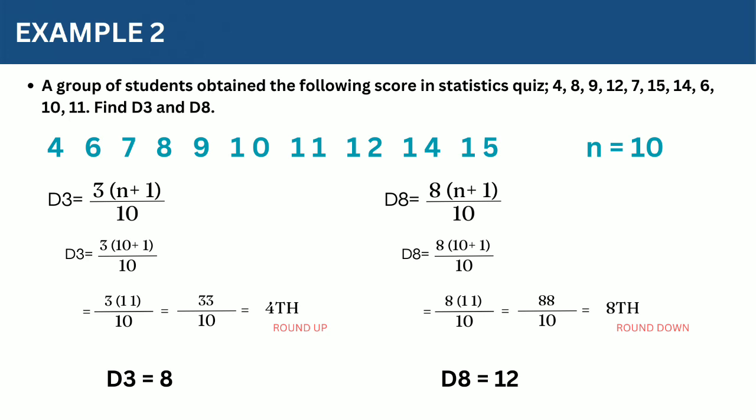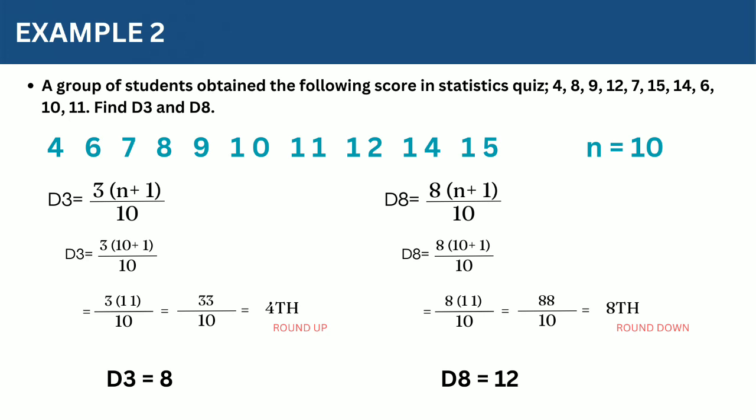So 3 times 11, we have 33, and copy 10 as is. Then, if we divide 33 by 10, we get 3.3. Since we got 3.3 and it's not a whole number, then we have to round up. So 3.3 is now 4. Therefore, decile 3 is in the fourth data, which is 8.